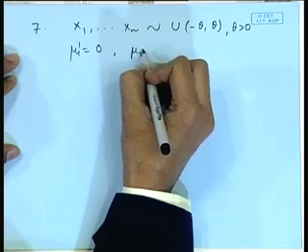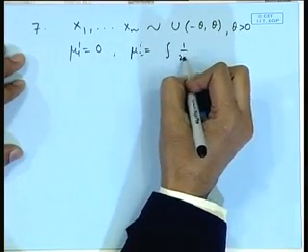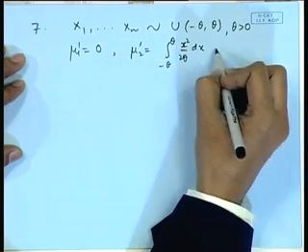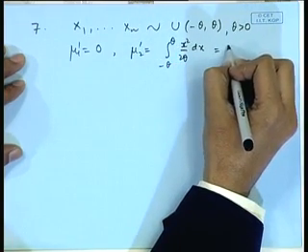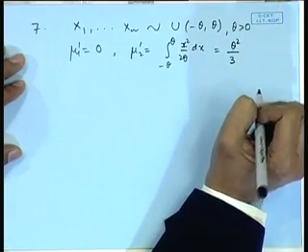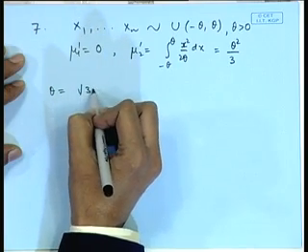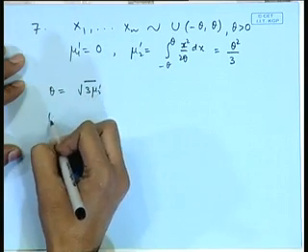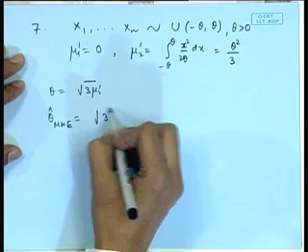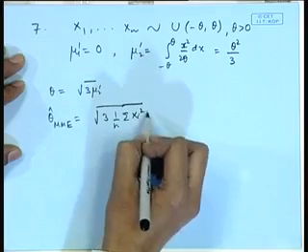We may look at mu 2 prime, that means the second moment, that is 1 by 2 theta times the integral of x square dx from minus theta to theta, then it is equal to theta square by 3. So, if we make use of this, then theta is equal to root 3 mu 2 prime, and we may use the method of moments estimator as root of 3 times 1 by n sigma xi square.